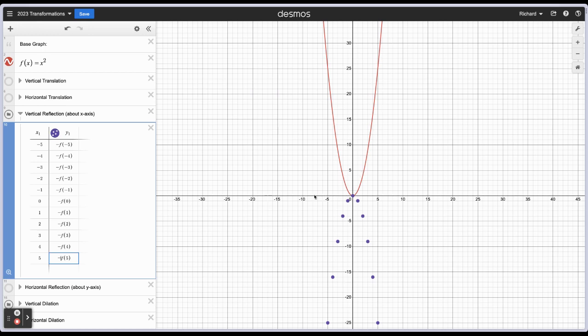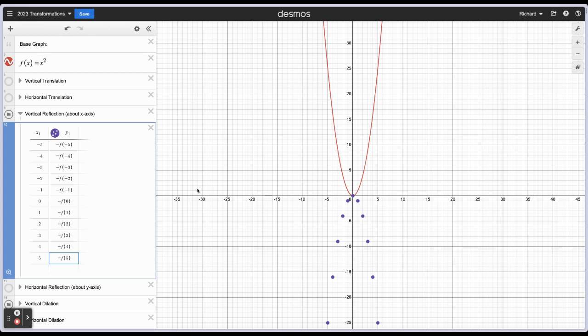Doesn't matter whether you put a negative number in or a positive number, when you square it, the output is positive. So all of the function's values are positive. So it kind of makes sense that when I then make every single one of those outputs negative, we're getting this kind of shape, exactly the same shape as above, but it's underneath the x-axis instead of on top of.